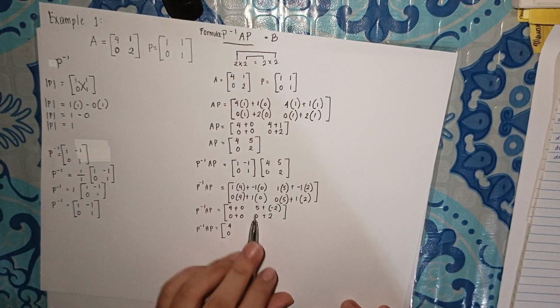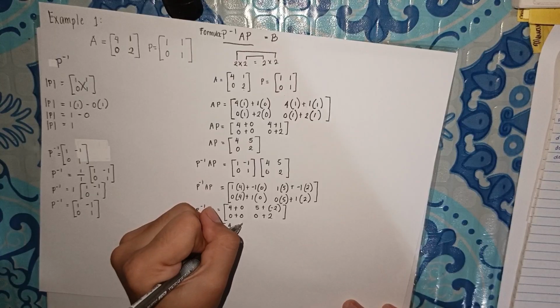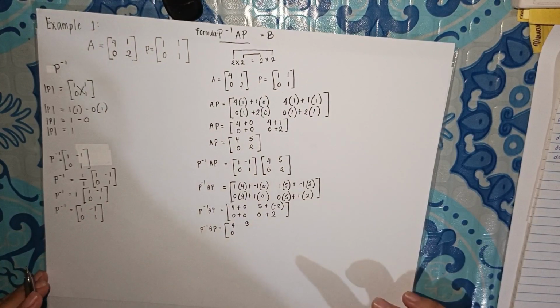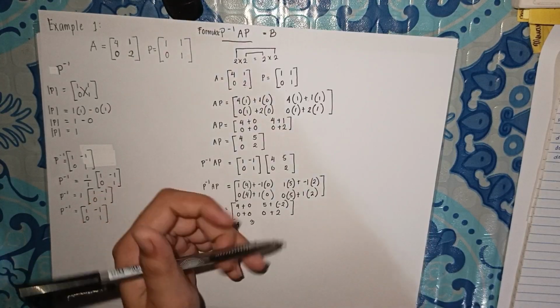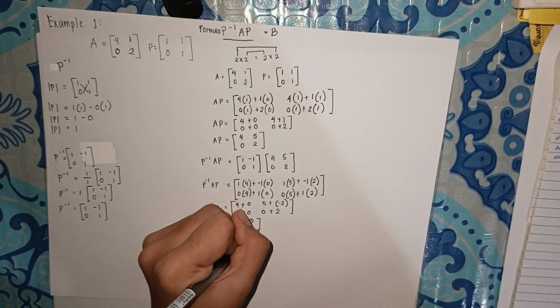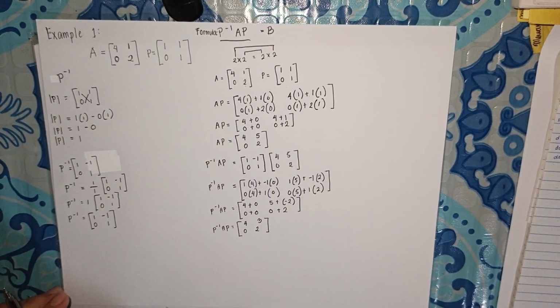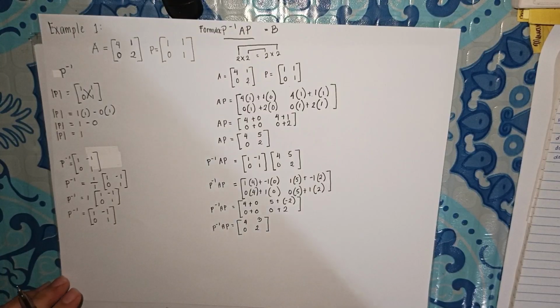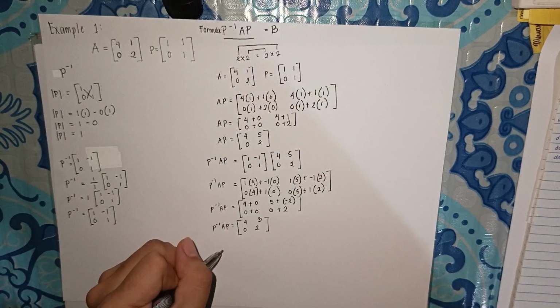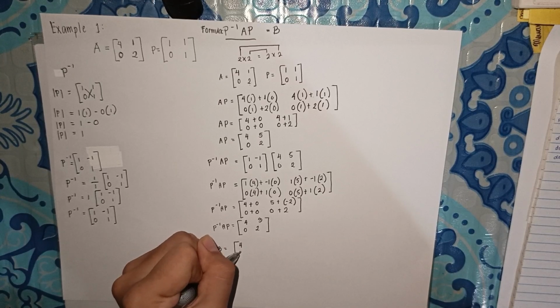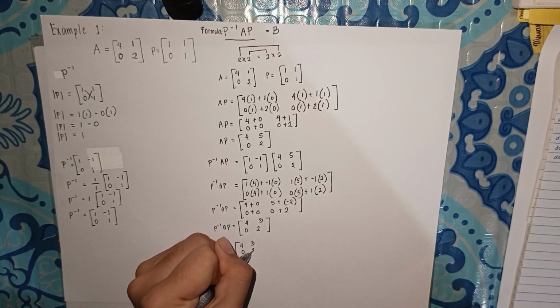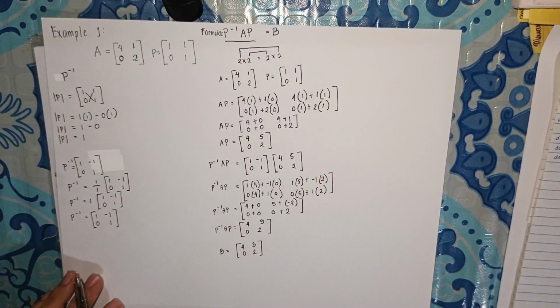So 5 plus negative 2 is 3, positive because the positive is larger. 0 plus 2, 2. So now we have our matrix B. So B is equal to 4, 0, 3, and 2.